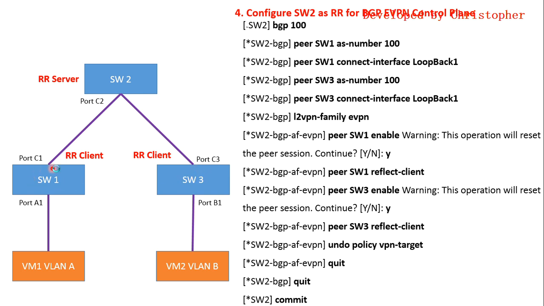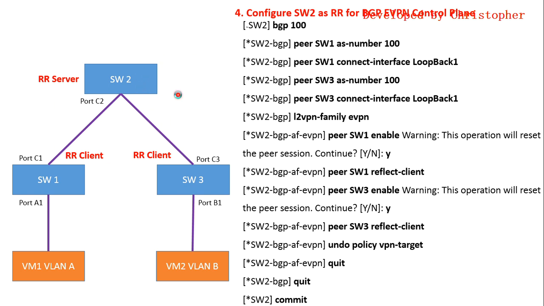For example, any update from switch 1 will be delivered to switch 2, and switch 2 will deliver it to switch 3. For this small-scale network, it looks a little bit tedious and boring if you configure the route reflector, but if it is a large network, it will save you a lot of effort definitely.